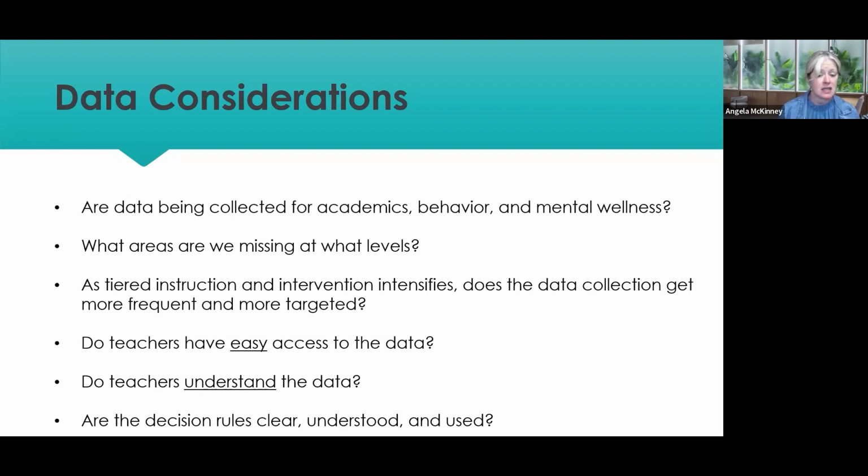Or many times they will also say, we have 3 data sources that tell us the exact same thing. Why are we doing all 3? That's a good question, right? Sometimes we have duplicated data that really is just a time waster for us. So looking at, are we collecting data that we're not even using? Because when we get it, we go, yeah, I knew that. And then we just kind of move on.